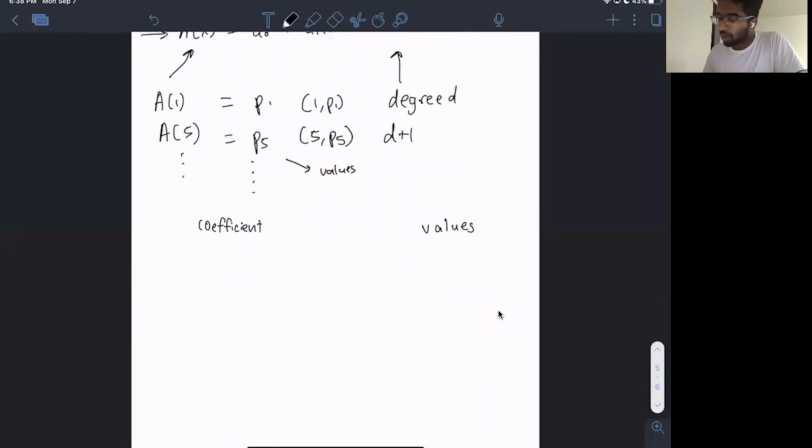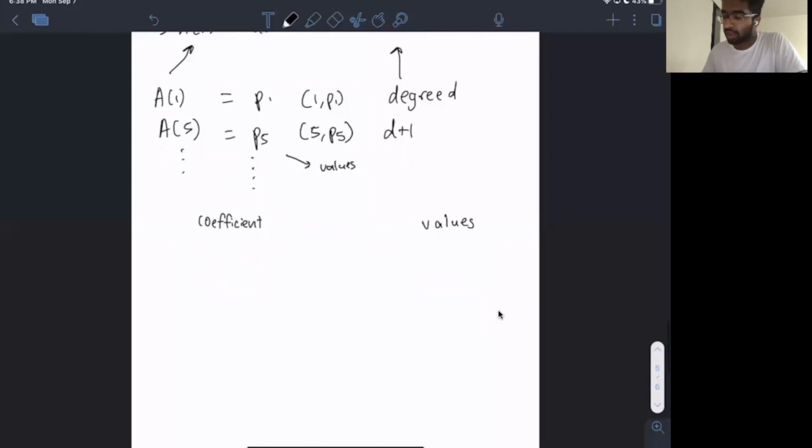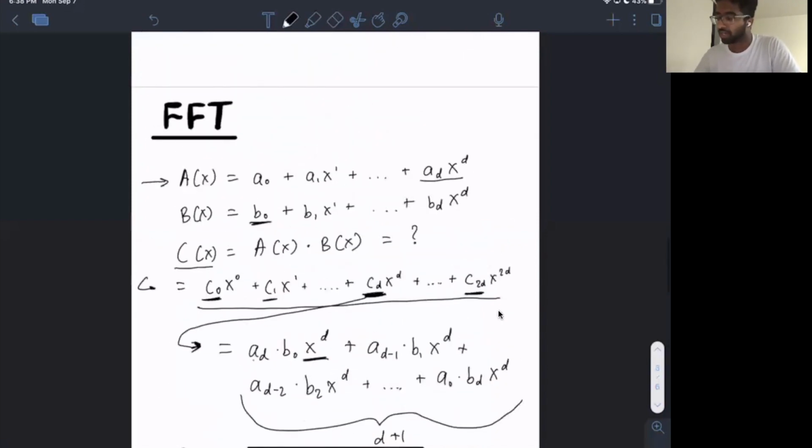So what can we do? If we have A and B, these two polynomials in the coefficient expression, the coefficient view, this is what we're given.